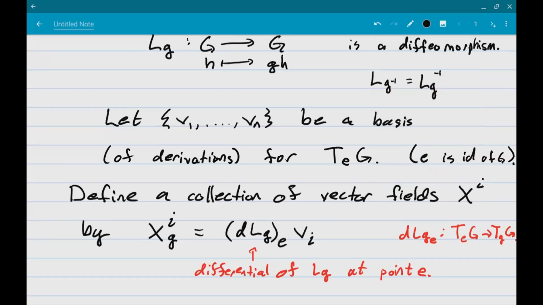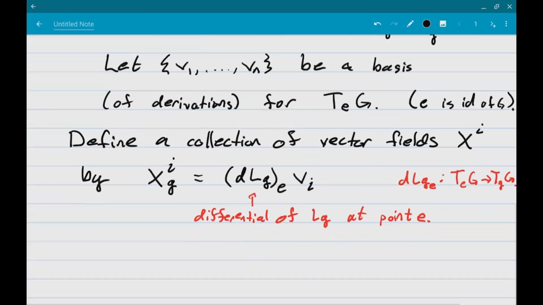So note now that at this point, I've defined a collection of rough vector fields. Maybe it's worth saying the word rough. But the definition of being a smooth frame is that the frame is smooth. So first I'm going to show you that it's a frame, and then I'm going to show you that it's smooth.